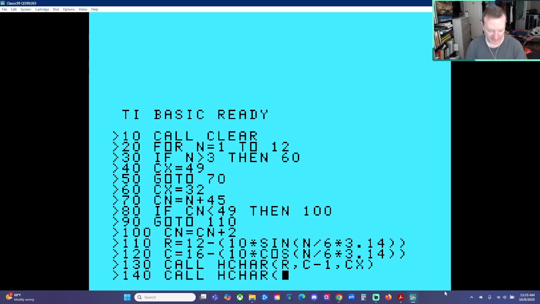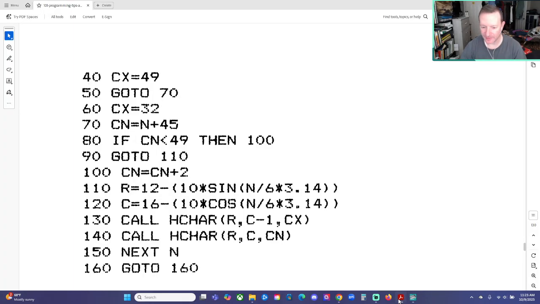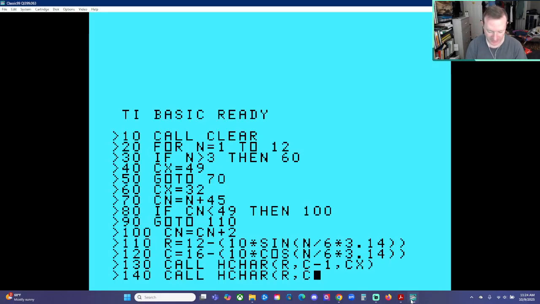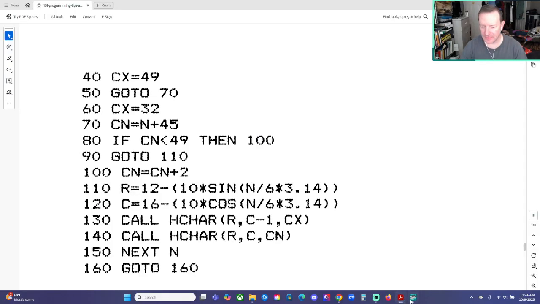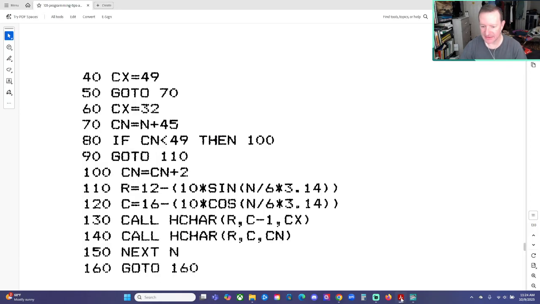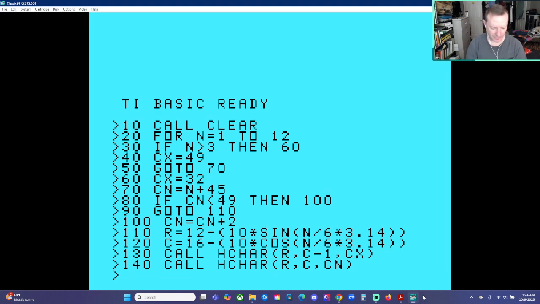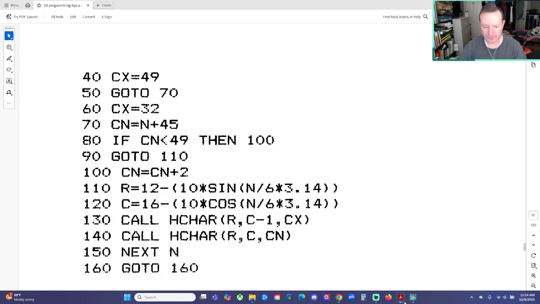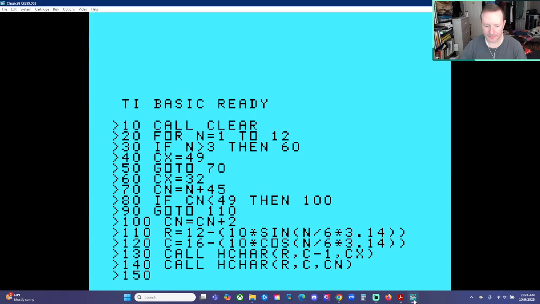This one is not as obvious unless you're really familiar with the math, which it used to be. It's been a long time. R, comma C, comma Cn. Looks good. 150, next N.